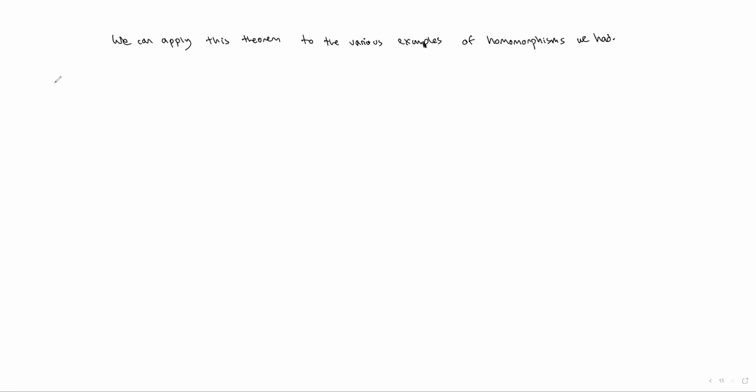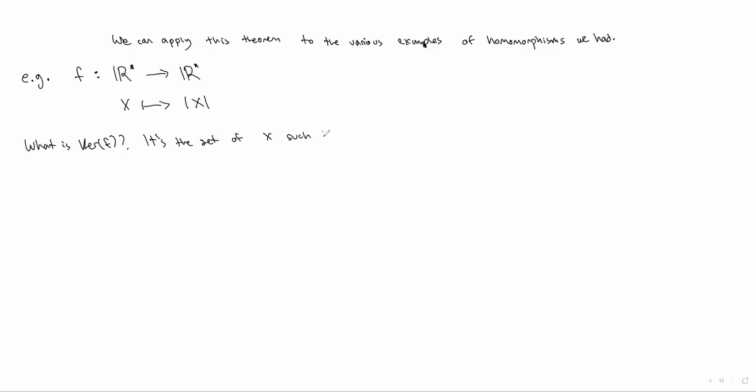So let's go back. What were the examples? One was f from R star to R star, taking x to the absolute value of x. So what is the kernel of f? It's the set of x such that f of x equals 1.